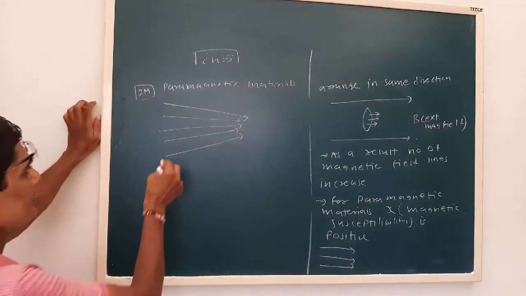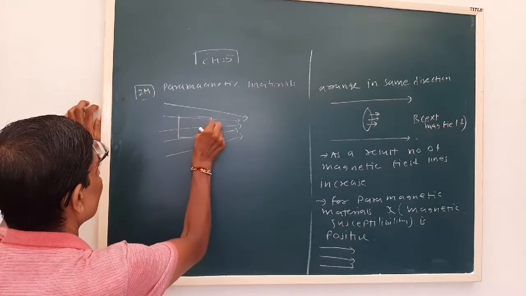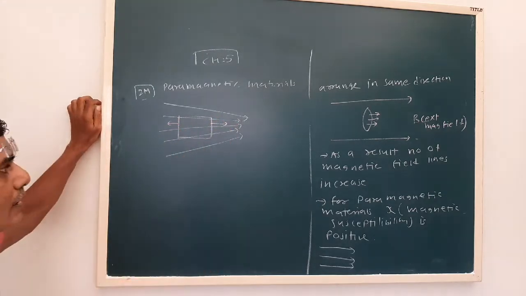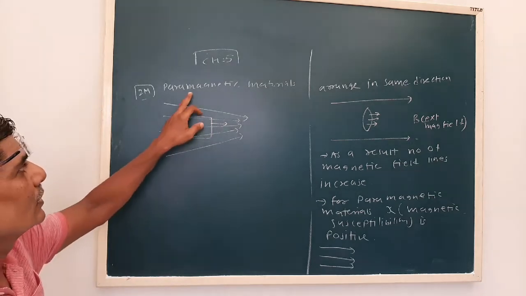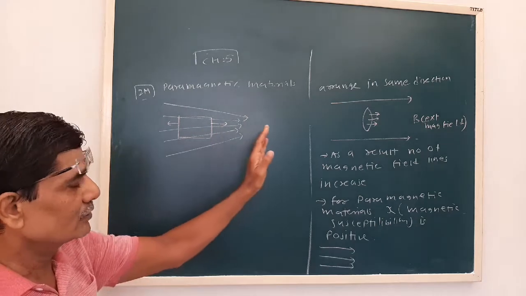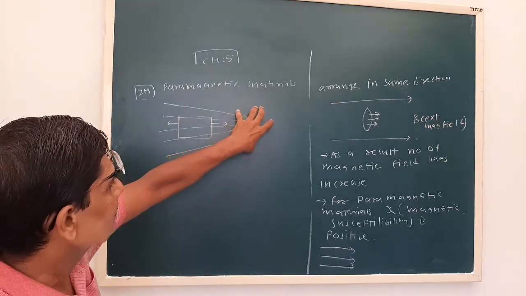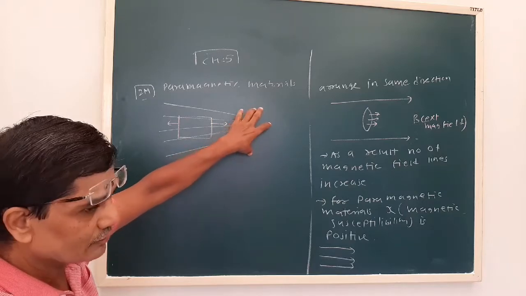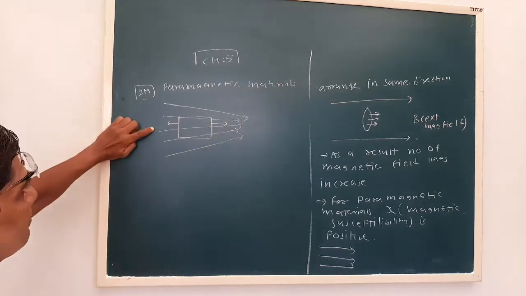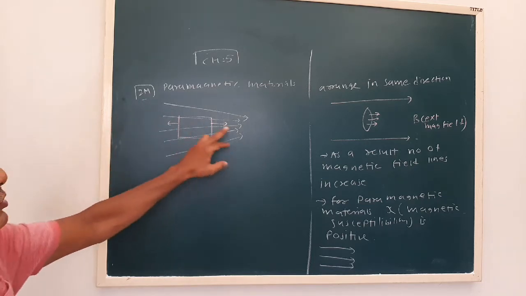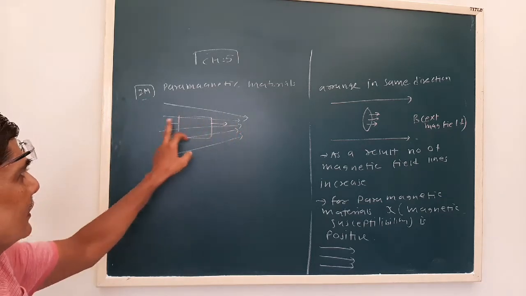When a paramagnetic material is placed in a non-uniform magnetic field, it is attracted toward the stronger region. Where the field lines are closer or crowded, the field will be stronger. If field lines are sparse, that is far from each other, the field will be weaker.